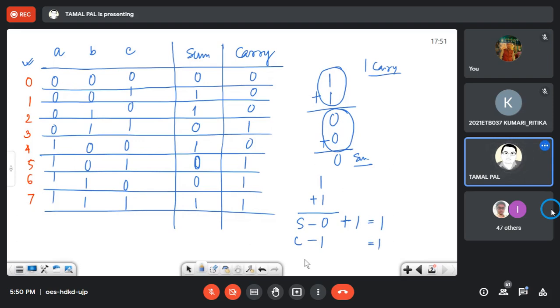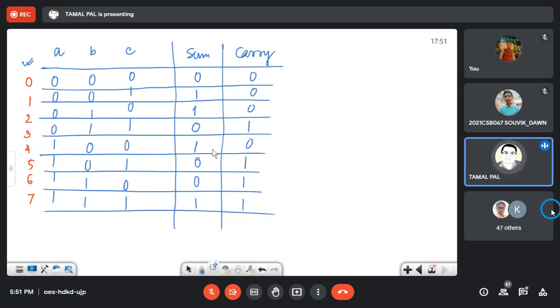Understood or not? Understood, sir. Okay. See, you just check every entry in this way, so you can proceed. You can understand that. Is there any problem with any of the entries? So you can also tell me.